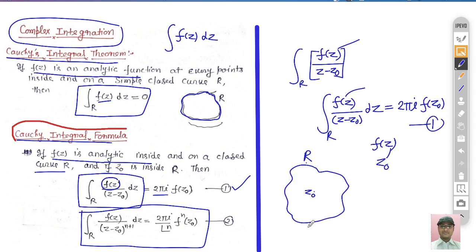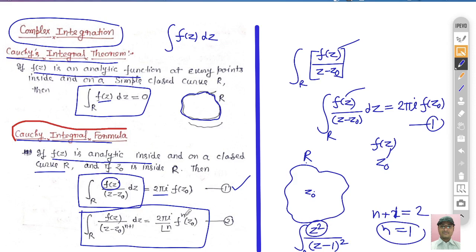Let's suppose they ask z square upon z minus 1 raised to the power 2. In that case, you compare and find n. Here n plus 1 is equal to 2, so the n value is 1. On the right hand side, in place of n you put 1, and you differentiate f(z) only 1 time.